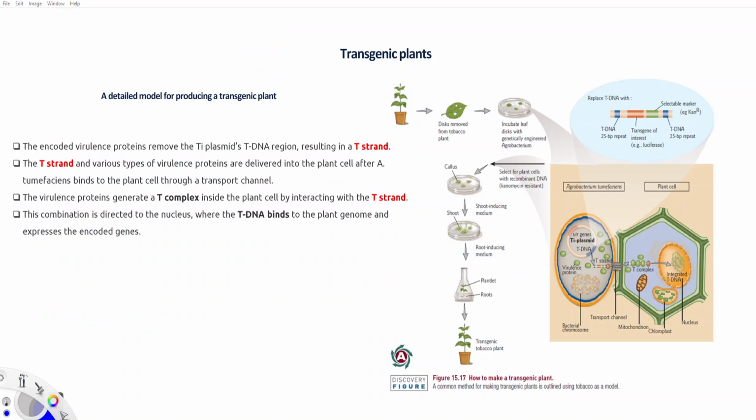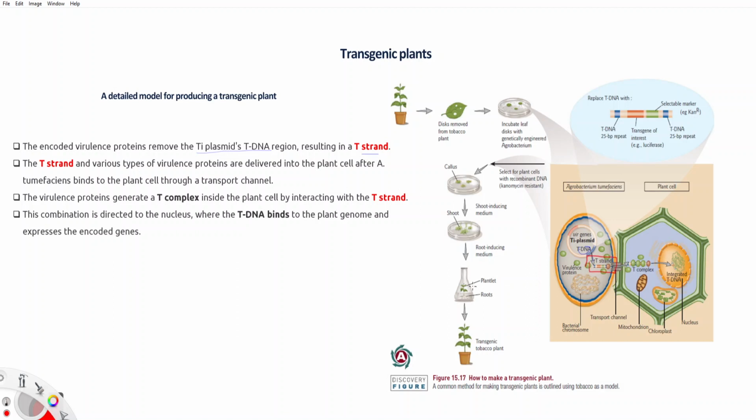Then, of course, the encoded virulence genes are going to remove the Ti plasmid DNA region, resulting in a T strand. What you see here, it's going to remove this T-DNA and make it a T strand here. Maybe I should go for a red color here for you to see it properly, but feel free to zoom in and pause.